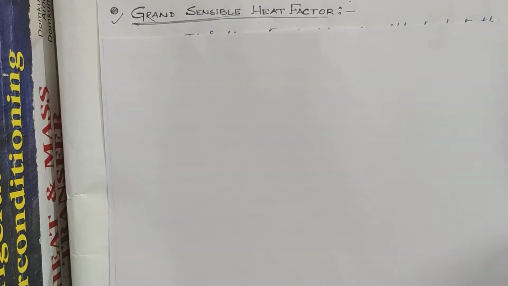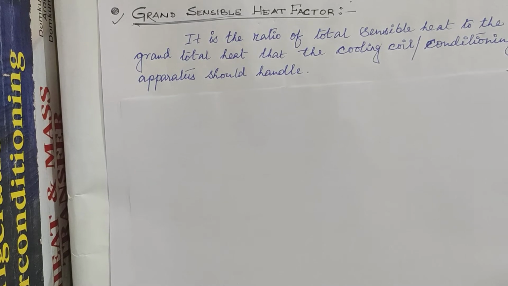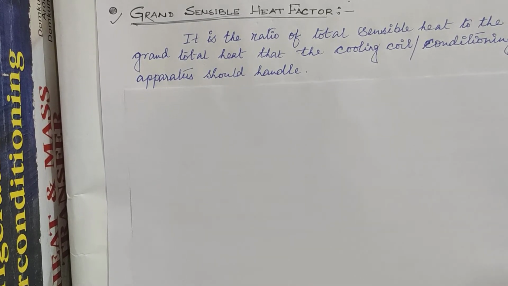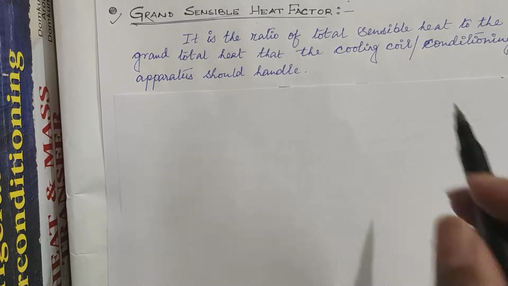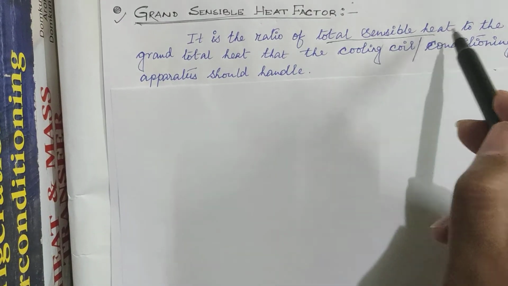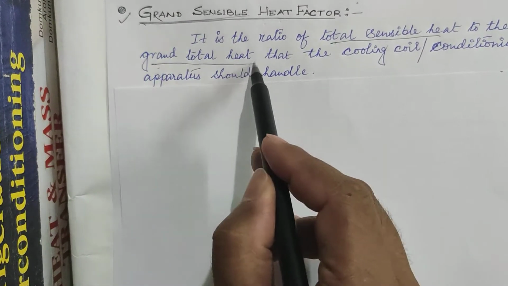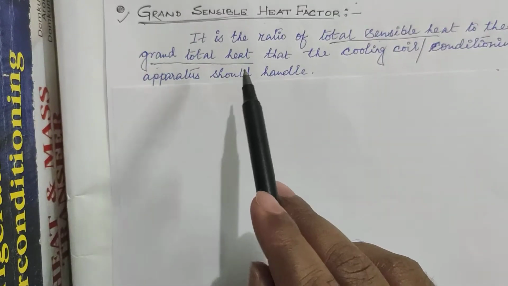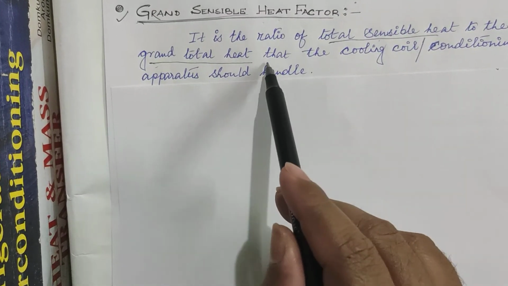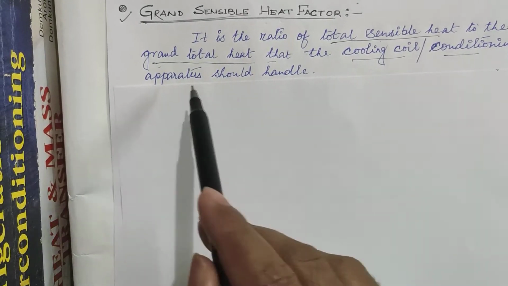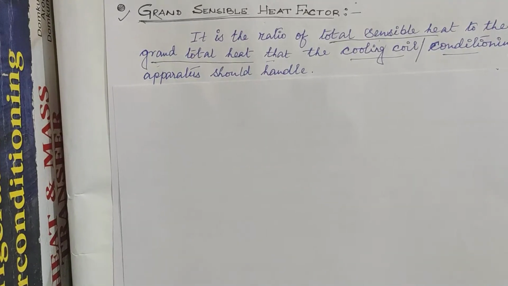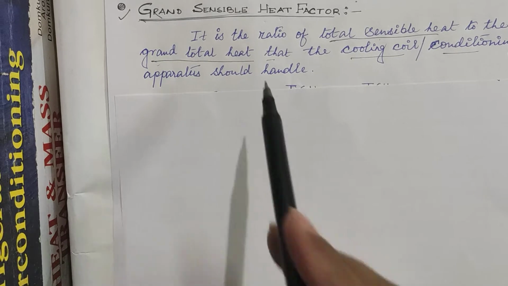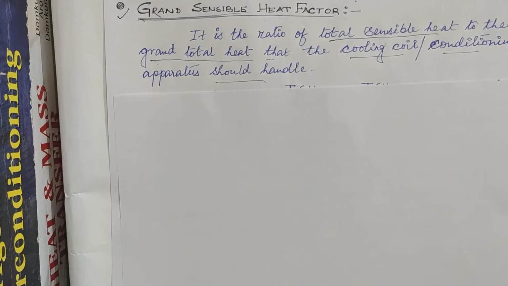Now what is this grand sensible heat factor? Basically, the grand sensible heat factor is the ratio of total sensible heat to the grand total heat. Total sensible heat to the grand total heat of what? That the cooling coil or the air conditioning apparatus must handle.